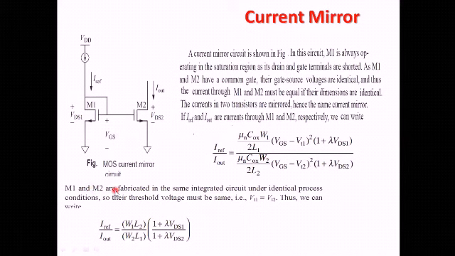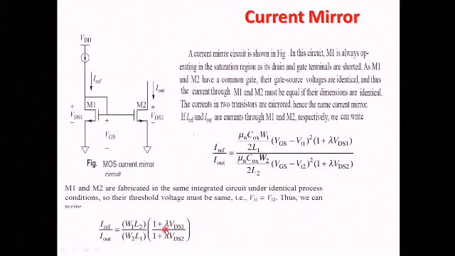M1 and M2 are fabricated in the same integrated circuit under identical process conditions, so their threshold voltages must be the same, that is VT1 is equal to VT2. Thus we can write Iref by Iout is equal to W1 L2 by W2 L1 into (1 plus lambda VDS1) by (1 plus lambda VDS2).